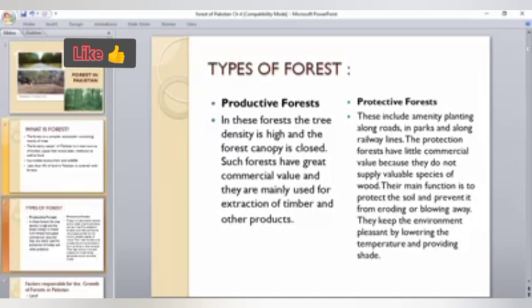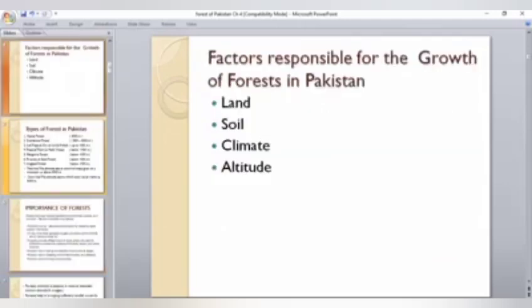The protection forests have little commercial value because they do not supply valuable species of wood. Their main function is to provide protection to the soil and prevent it from eroding or blowing away. They keep the environment pleasant by lowering the temperature and providing shade. These are the two types of forest.